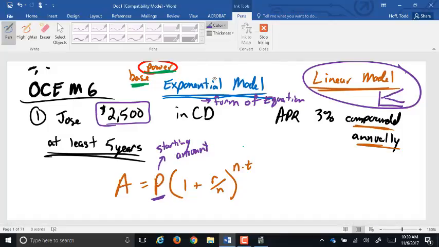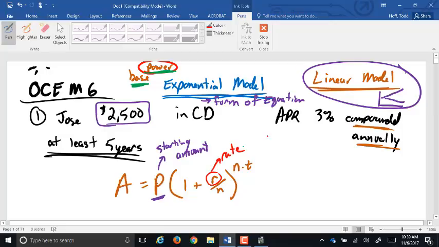What does the R stand for? Either in this problem or in general. The rate. And for this problem, that would be, careful. Rate is always going to be the 3%. Very good.